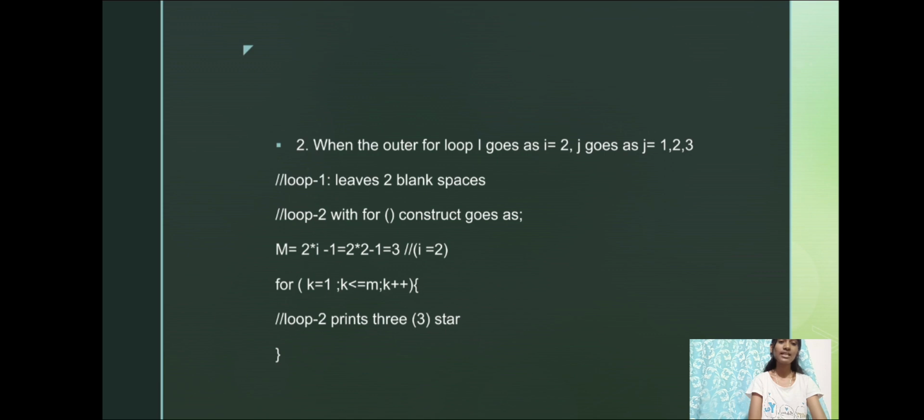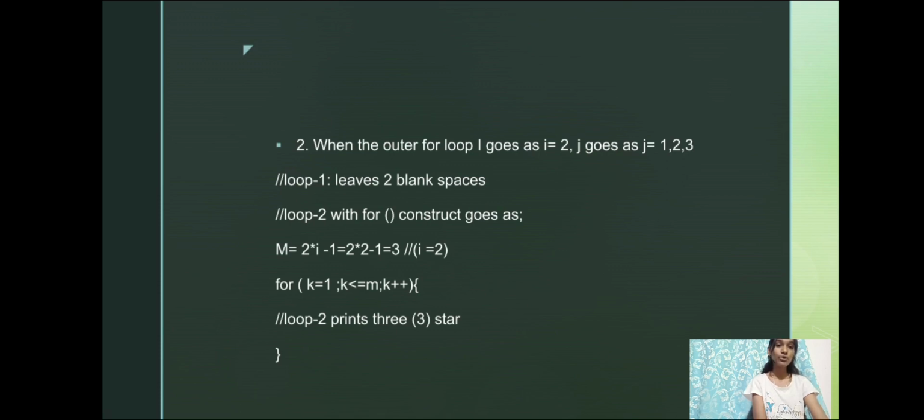The next example is when the outer for loop i equals 2. In the first example there was i equals 1, so here i equals 2. j goes as 1, 2, 3. So the first loop leaves 3 blank spaces.